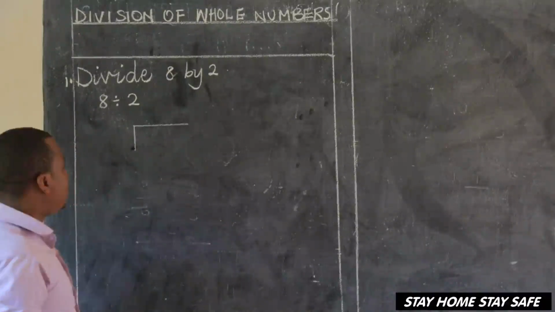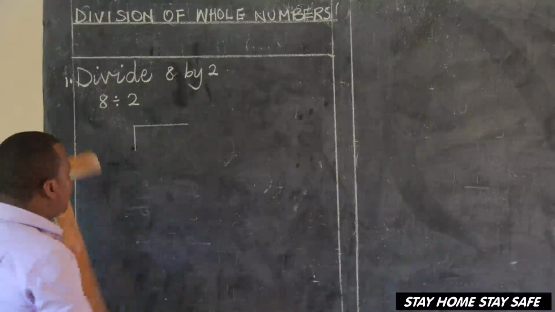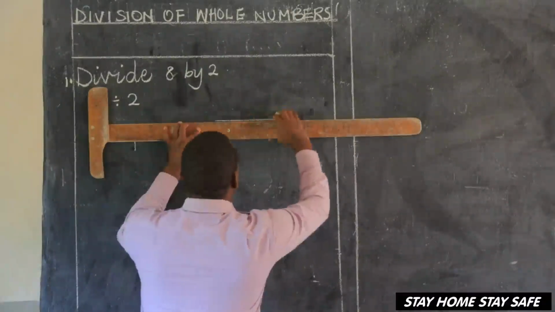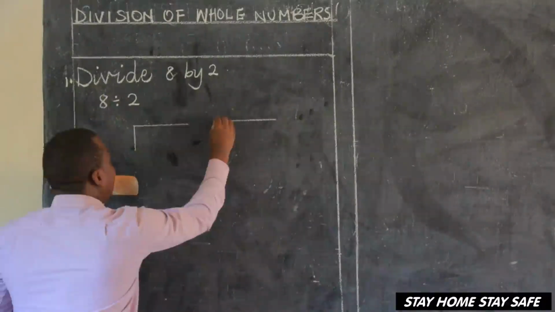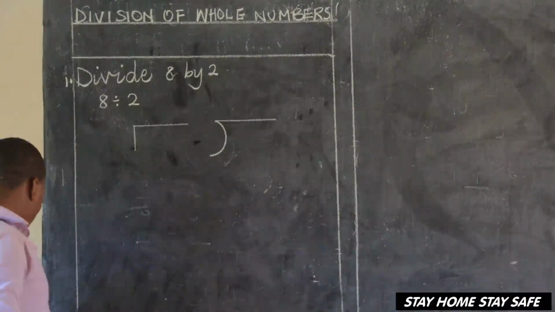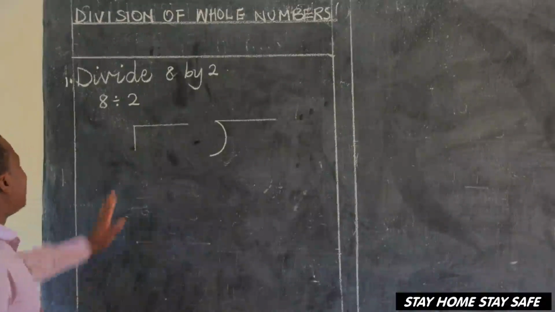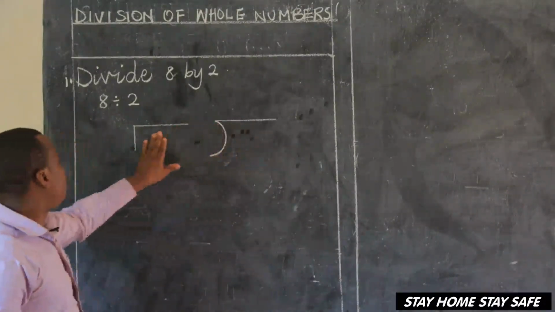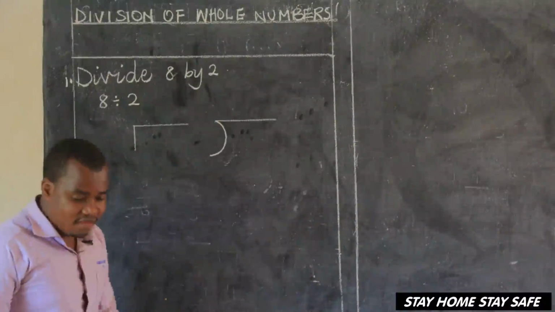This is how I can draw it. You'll find another person drawing it in this way. I think you have ever seen this somewhere. Then I put this somehow curved. So those are two symbols, but they work the same. This is long division and this one is also long division.